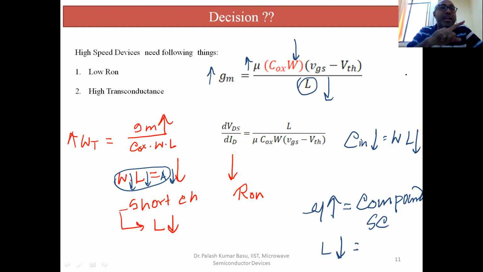If the moment an electron is released from the source it immediately reaches the drain, your R on is very, very low. So if you have a high frequency for the electron to reach from source to drain, your R on keeps going down, which is a very essential requirement of RF operation or high frequency operation.